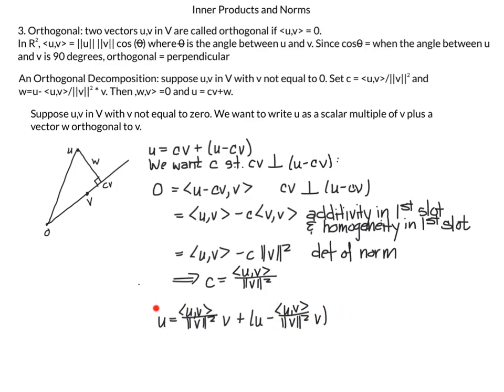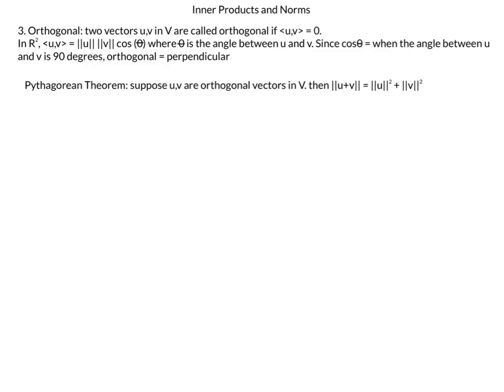So this is our formula of u as a linear combination of v. You can see that this is going to be a scalar multiple of v plus another vector u minus another scalar multiple of v.